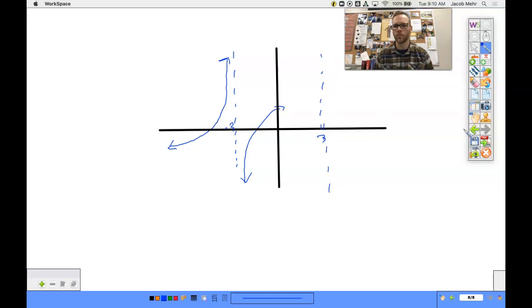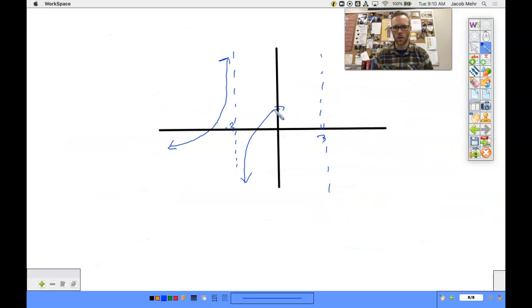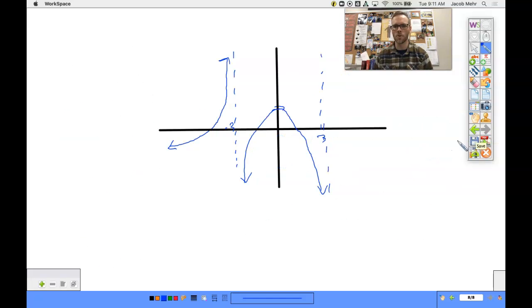At 0, we had a maximum. It changed from increasing to decreasing. So I know it's actually going to come back down that way, and approach the vertical asymptote while decreasing. And then on the other side of the vertical asymptote, it also must be decreasing. So over here, it's got to be going down. So it probably needs to start up there and come down something like that.